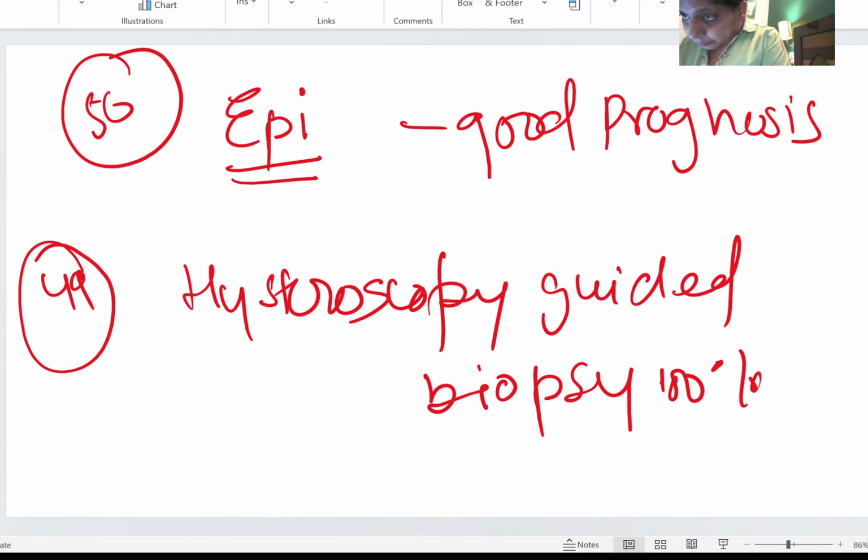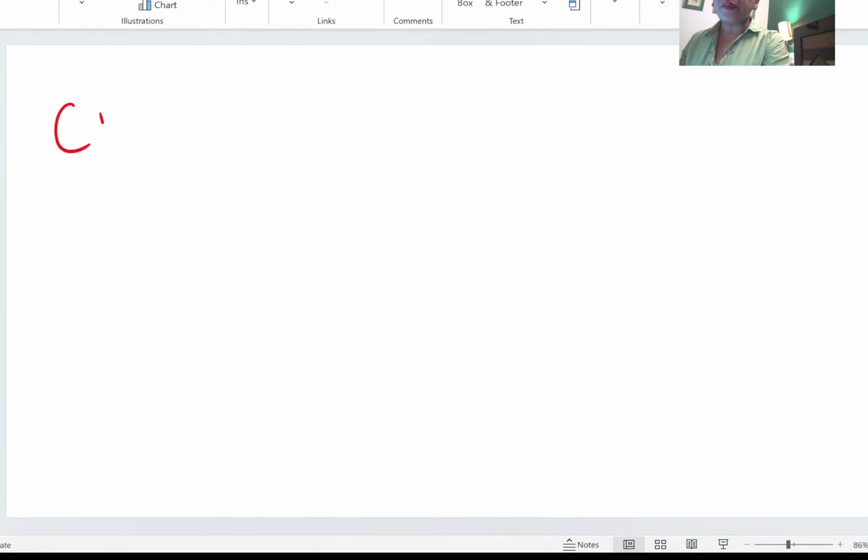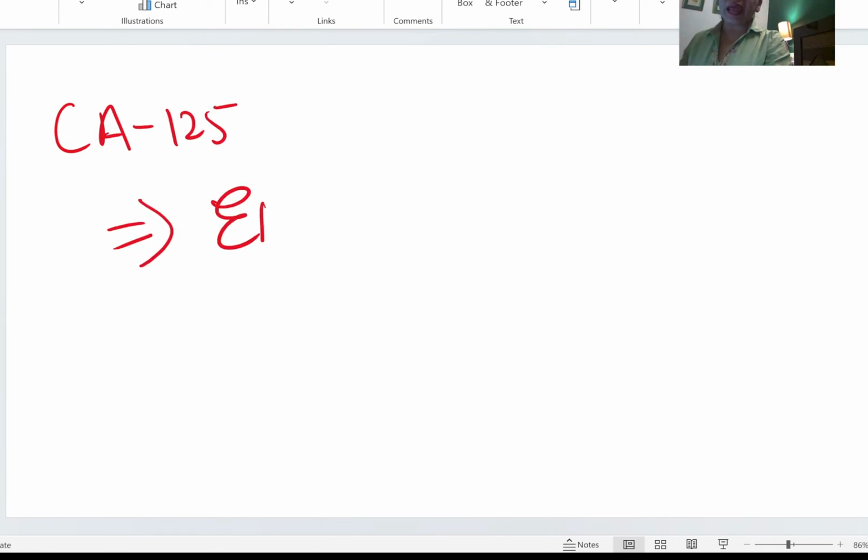After that it is 47. CA125 is a marker for ovarian cancer. Here I would like to tell you that CA125 is a marker for epithelial ovarian tumor, not for any other.